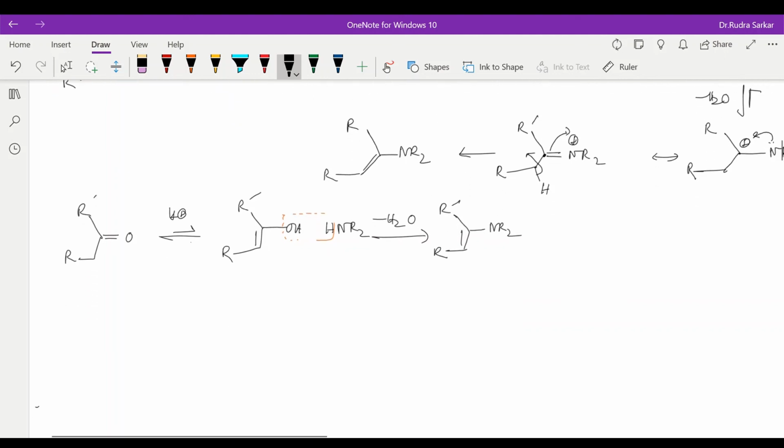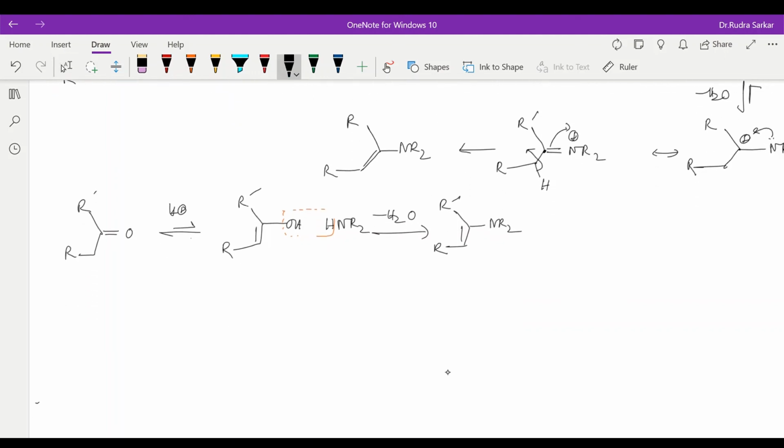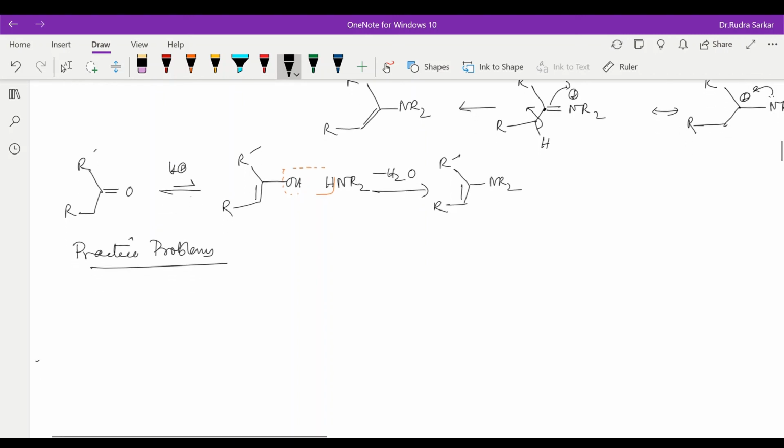Okay, so let's do some examples or practice problems. Say problem number 1. One degree amine or 2 degree amine? 2 degree amine.